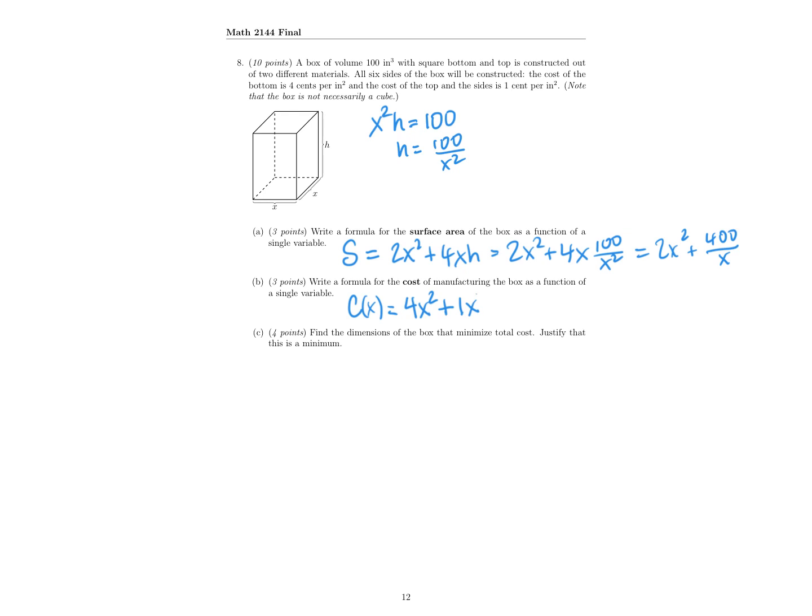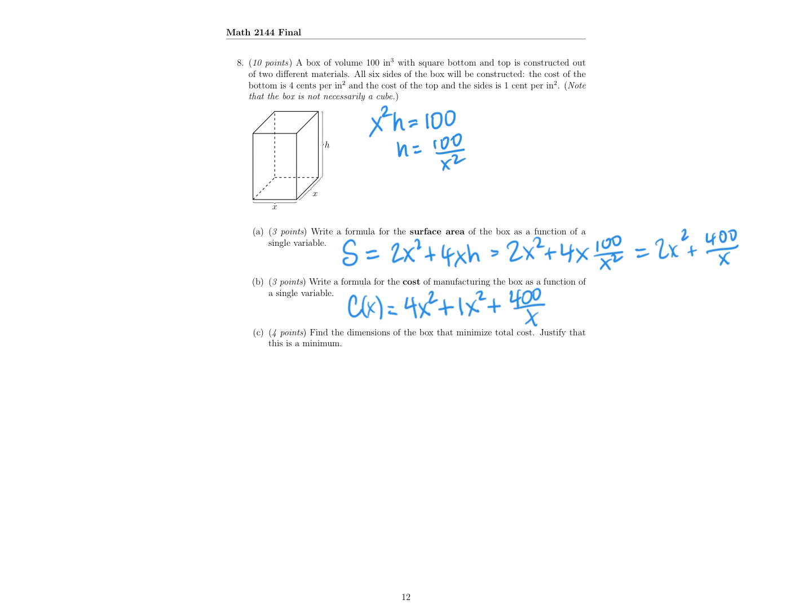So 1x squared plus the sides are 1 cent per square inch. So it's going to be 400 over x times 1, which is just 400 over x. So that is what that is, okay?